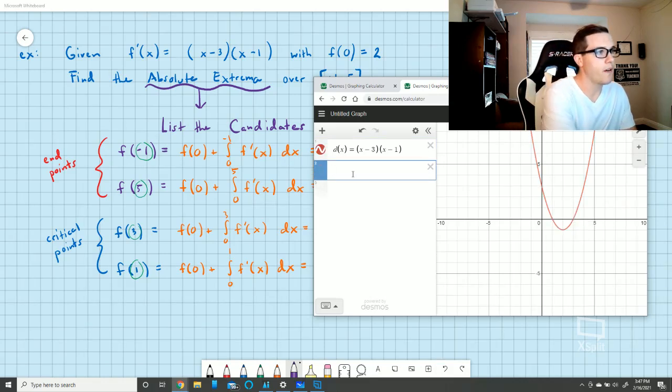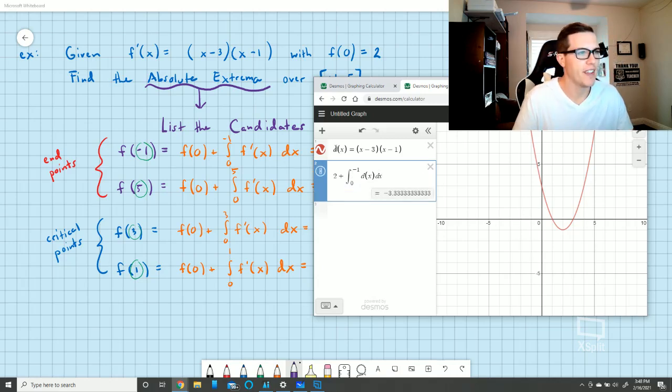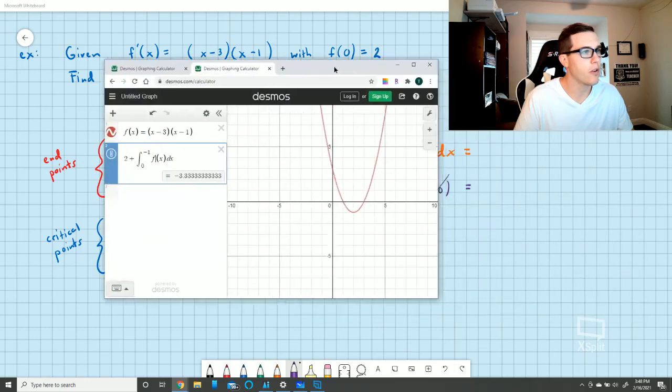So to get f of negative 1, it was f of 0, and f of 0 was 2, plus the accumulation from 0 to negative 1, d of x dx. So again, that might be a little weird. Maybe we should just go back to f. And we have that value, negative 3.33.